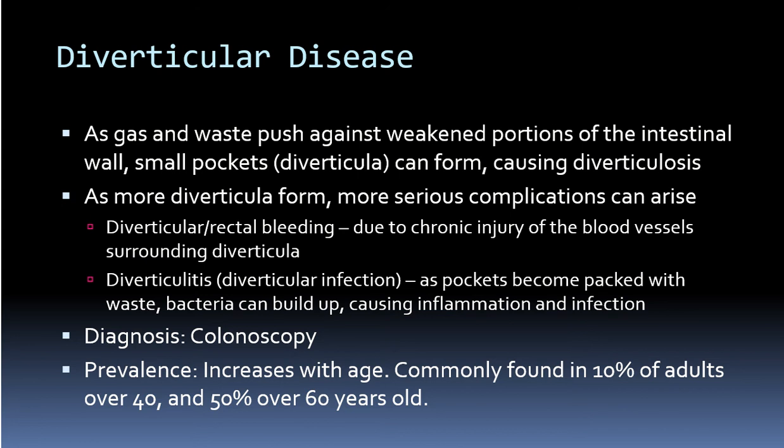Also, diverticulitis, also called diverticular infection, occurs where those pockets can become packed with waste, where bacteria can build up. And as that bacteria builds up, it can cause inflammation of those diverticula pouches, and with inflammation cause infection.